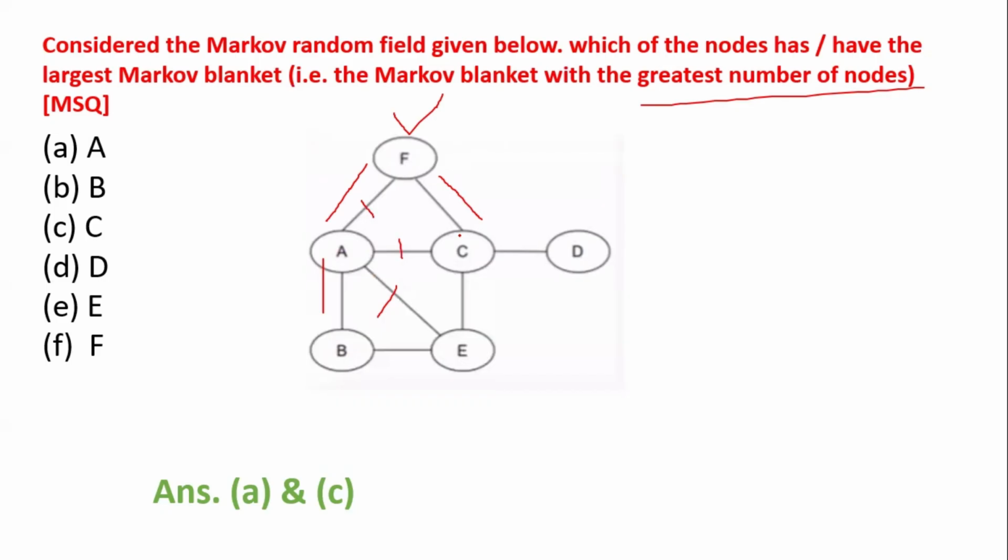So 4 nodes. For node C, 1, 2, 3, 4. For E, 1, 2, 3. For B, 1, 2. So for A and C, there are 4 connected nodes. And for D, 1. So for A and C, 4 nodes are connected. That means these 2 are my answers.